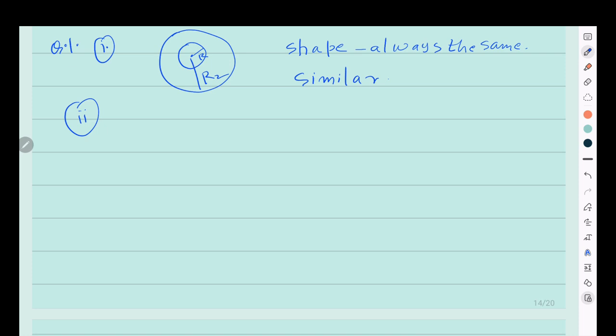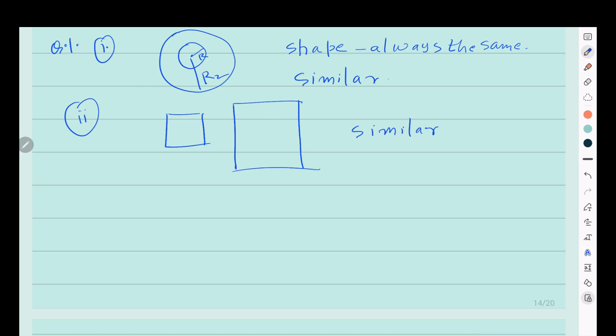Okay, let us go to question number 2. All squares are, okay, so now it is talking about squares. All squares are similar or congruent? All squares are similar, but they may not be congruent. Why? Because for congruency, all the sides also need to be the same, but they are not. But all corresponding angles for squares are 90 degrees, so they are obviously the same.